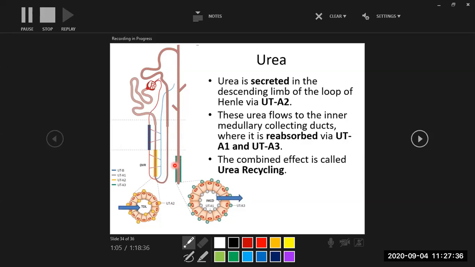So basically we reabsorb it back, then we dump it back to the tubule again, and then it flows down here, and we reabsorb it back. That way we can recycle. We get the last purpose of this urea before we pee it out. We use its last value to maintain the high osmolarity in the inner medulla.